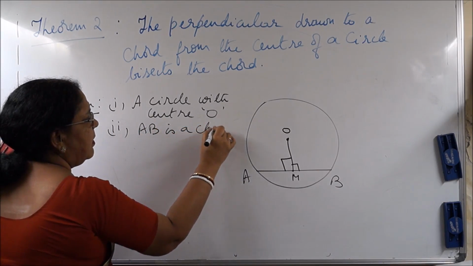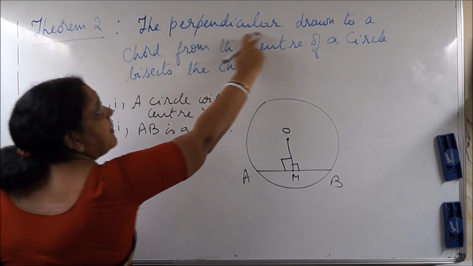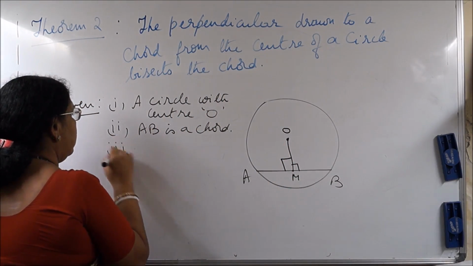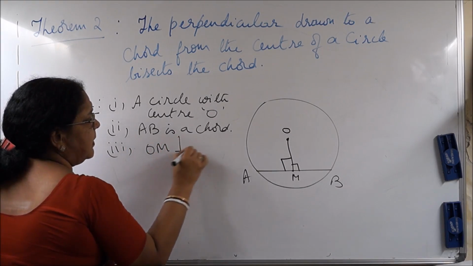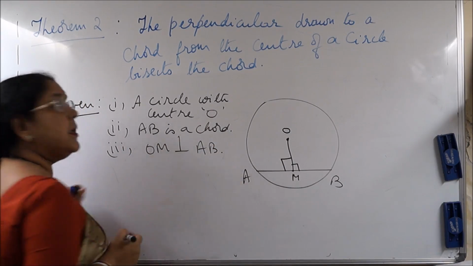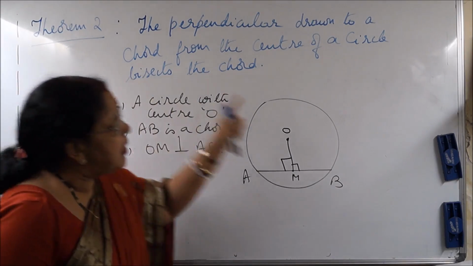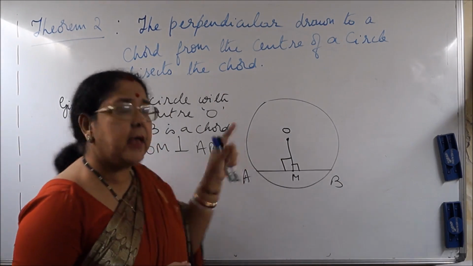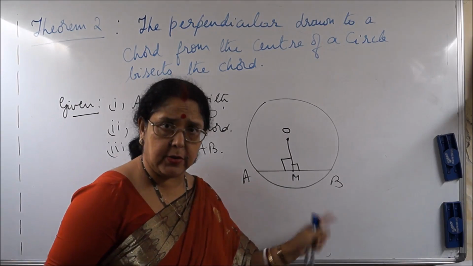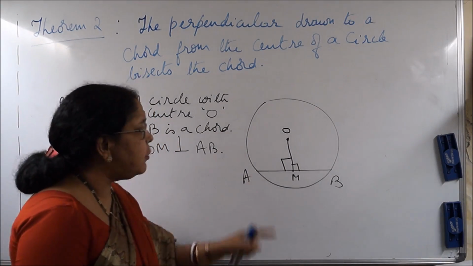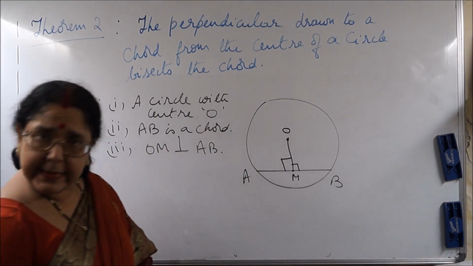The other thing that we know is the perpendicular drawn to a chord, so OM is perpendicular to AB. This we proved in the earlier one, saying that OM is a line bisecting AB, then we proved OM is perpendicular to AB. Now we know OM is perpendicular to AB and we will prove that OM also bisects AB.